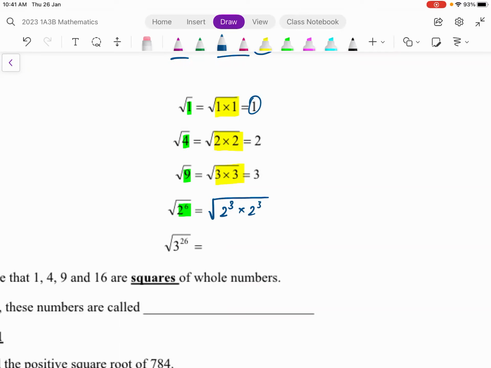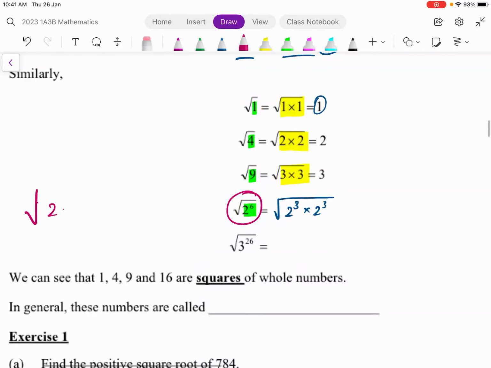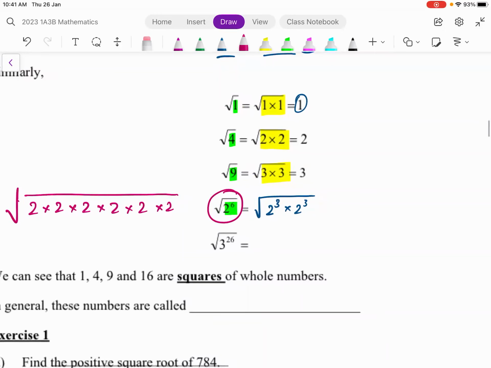Okay, let's double check what this actually means. The left hand side refers to square root of 2 times 2 times 2 times 2 times 2 times 2. So there are 6 of them, right? And then on the right hand side, what do we have?